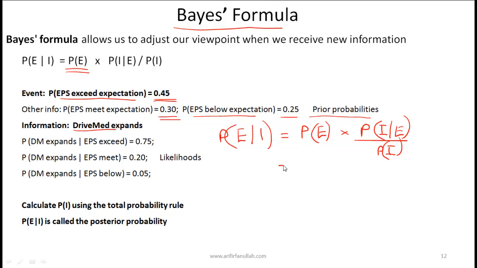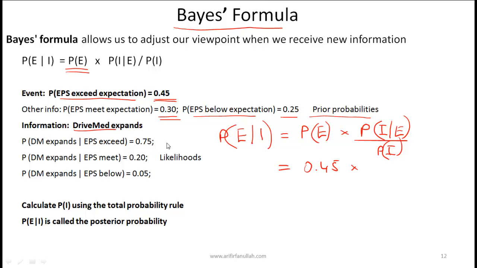So what is the probability of the event? The probability of the event we were already given is 0.45, times the probability of information given event.